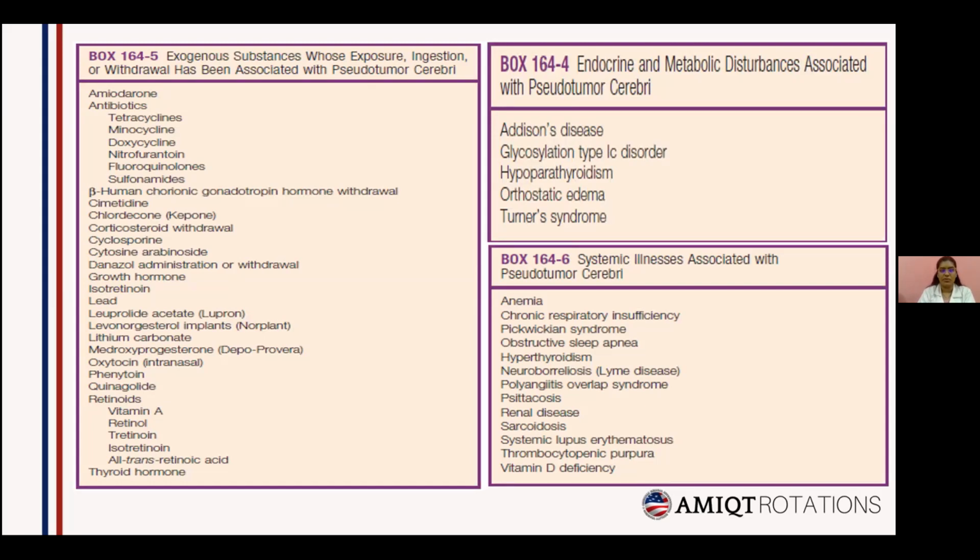I'll read out some for you. These include drugs like amiodarone, antibiotics like tetracycline, minocycline, doxycycline, fluoroquinolones, cimetidine, lithium, phenytoin, and retinoids.